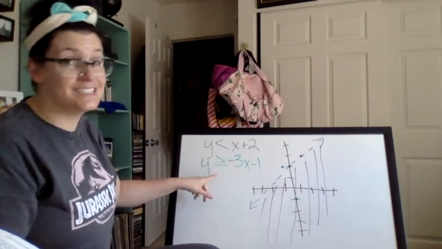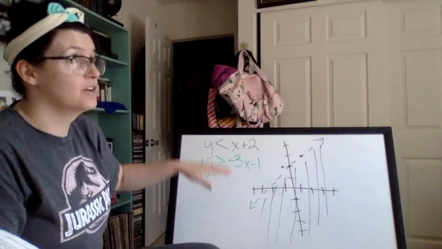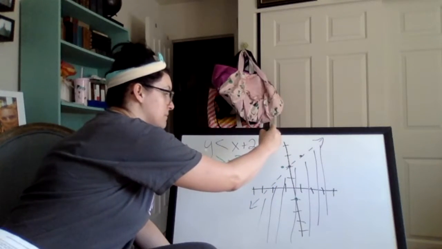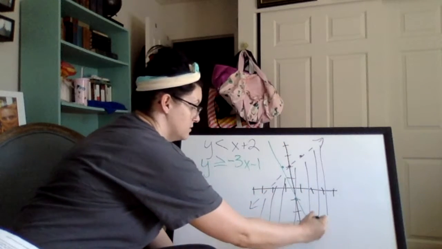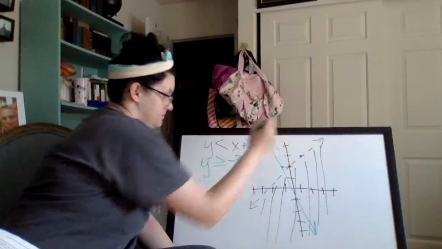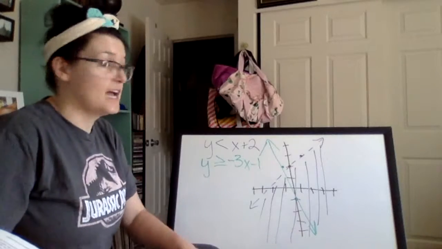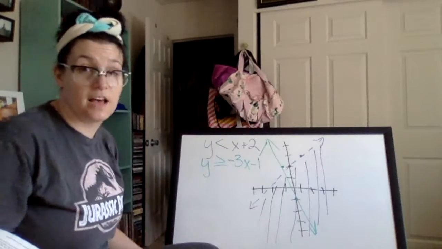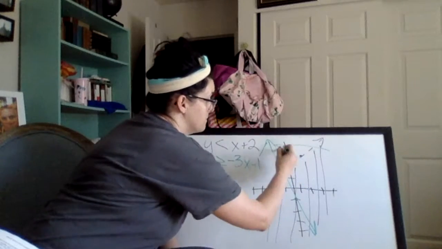And because it is greater than or equal to, we can graph it with a solid line. Okay? And greater than means all the y's are going to be above that line.